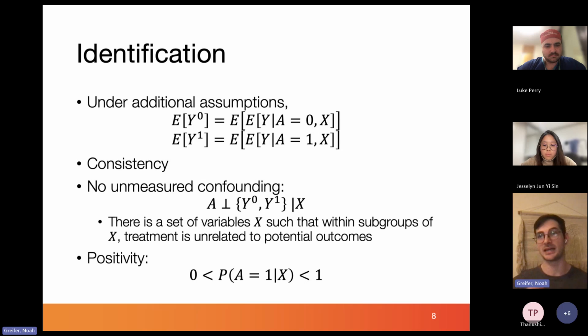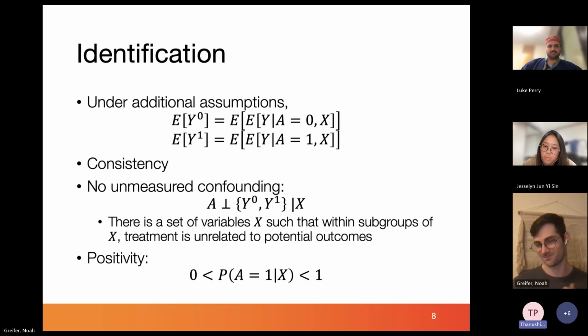But the idea is that there are no subgroups for whom the treatment decision is purely deterministic, where it is known with absolute certainty what treatment this patient profile will receive. If there is such a scenario, we simply cannot estimate the causal effect for that person, because the potential outcome under the other treatment isn't even defined if that type of patient profile cannot receive the treatment.